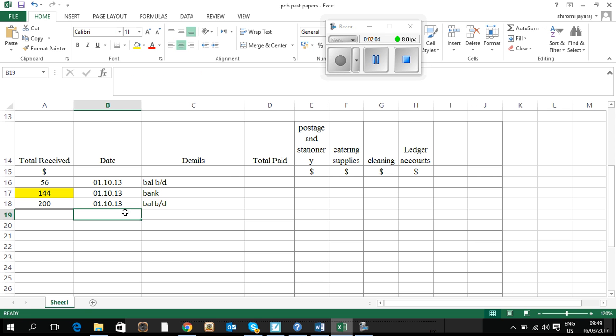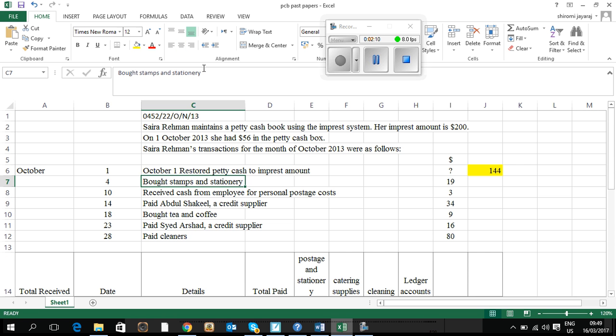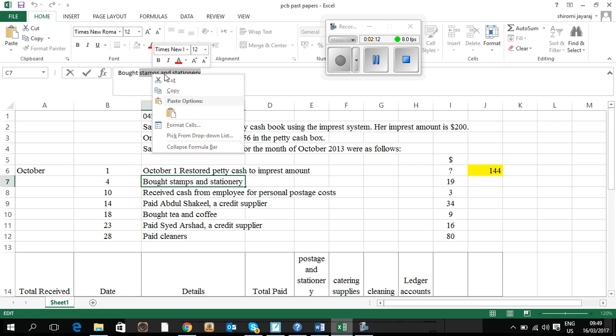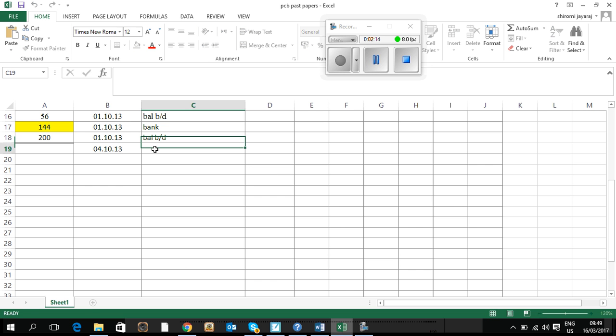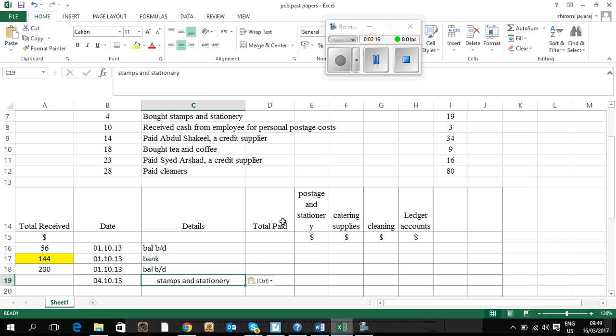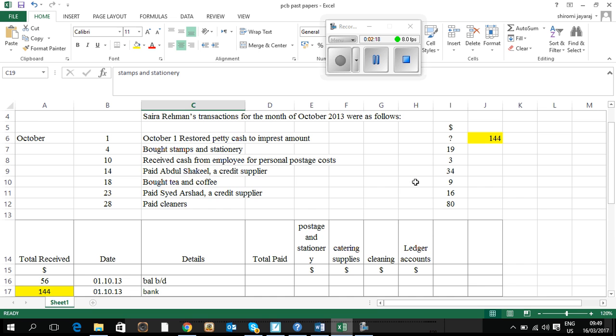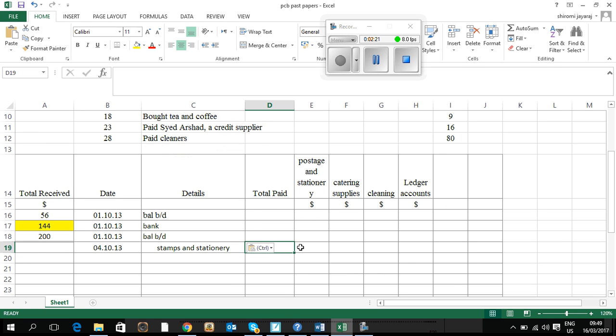So the date would be 4/10/13. So stamps and stationery, include that under the detail column, and the value is 19. So in the total paid column.